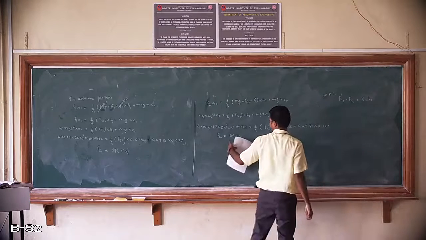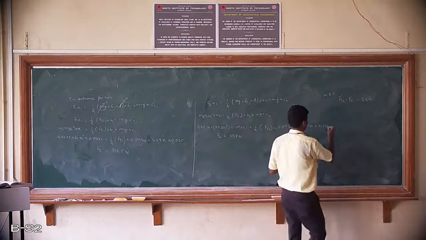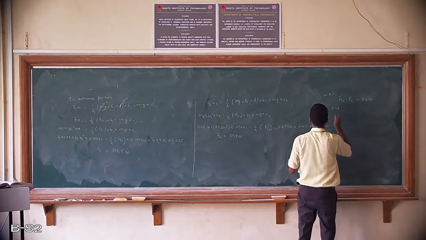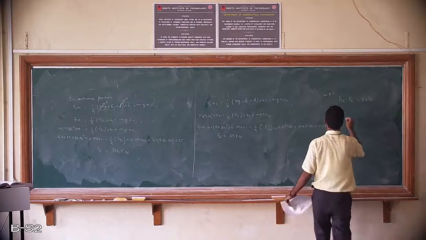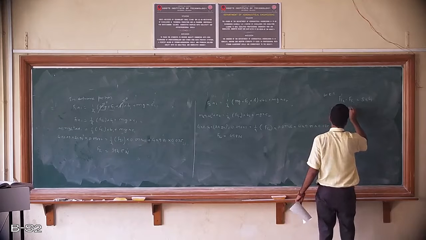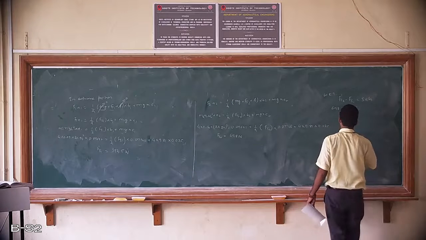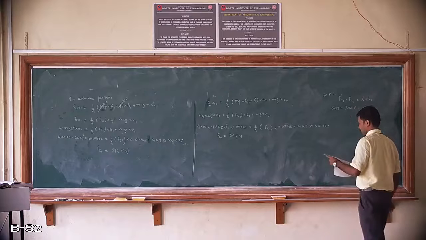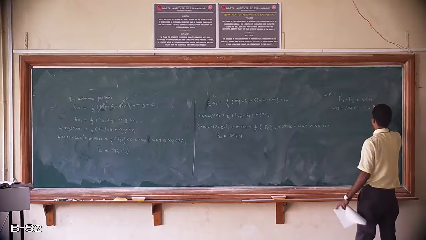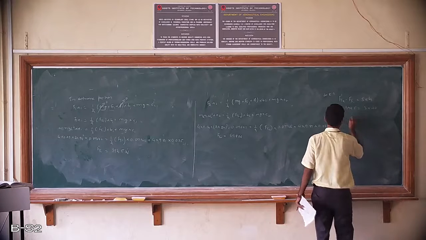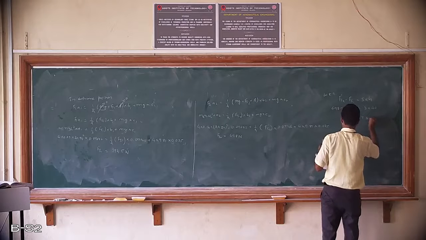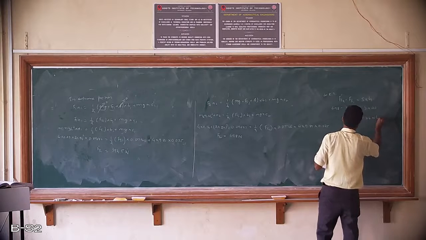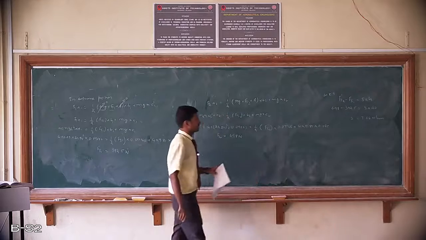We have calculated the values of Fs2 and Fs1, so substitute them: 698 minus 392.5 Newton is equal to S, which we don't know, into the lift, which is given as 40. So we can get the value of S as 7.64 Newton per mm. So the value of S is calculated.